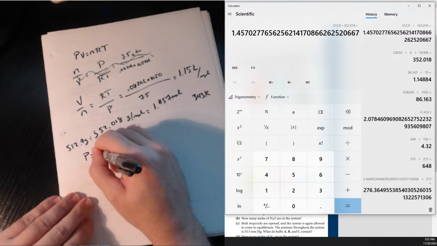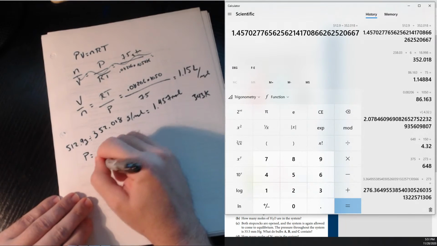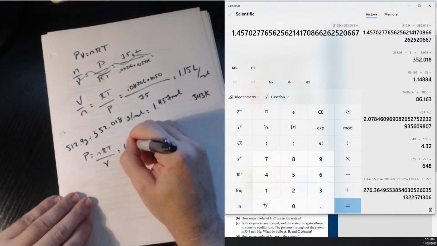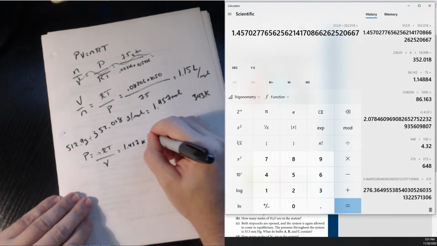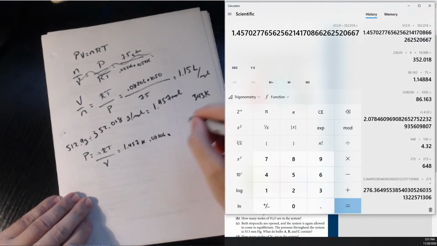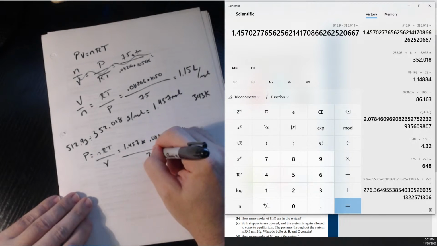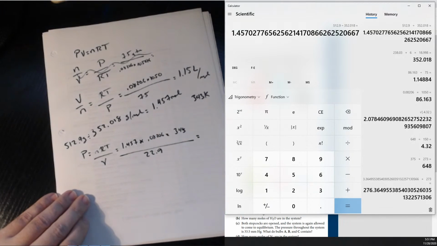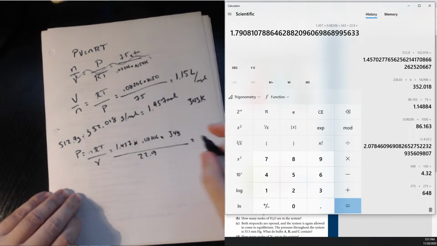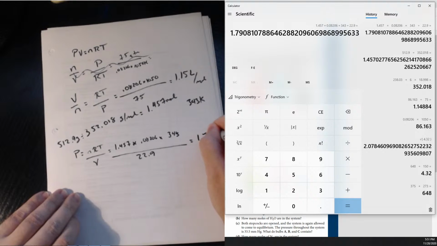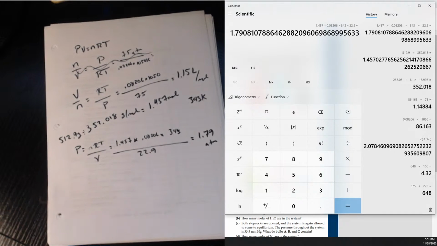So pressure is equal to nRT over V: 1.457 moles times 0.08206 times 343 Kelvin divided by 22.9 liters, which is 1.79 atmospheres. All right, so that's the ideal gas law.